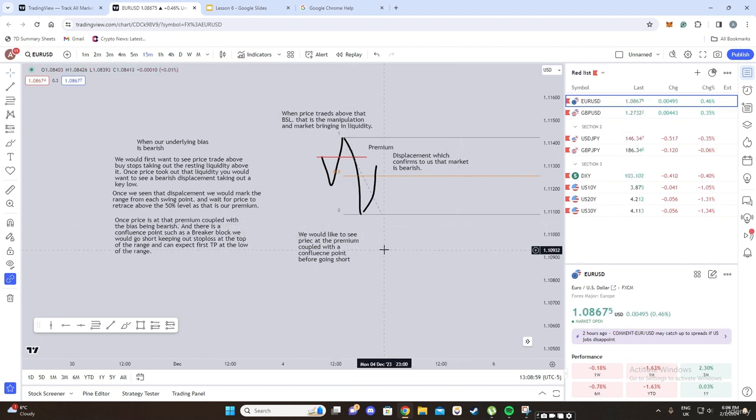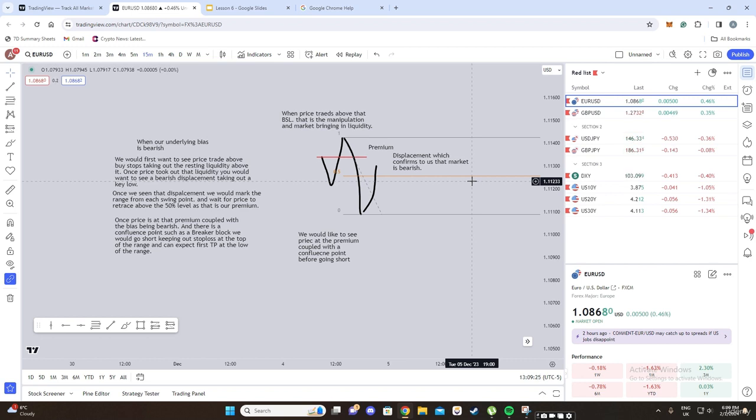So if you're bullish, what you would like to see is price taking out short-term sell side liquidity before a displacement higher. Then after that displacement higher, we'd want to see a retracement into the discount of that displacement range. And once price is at that discount of that range, we'd look to the left of the chart.